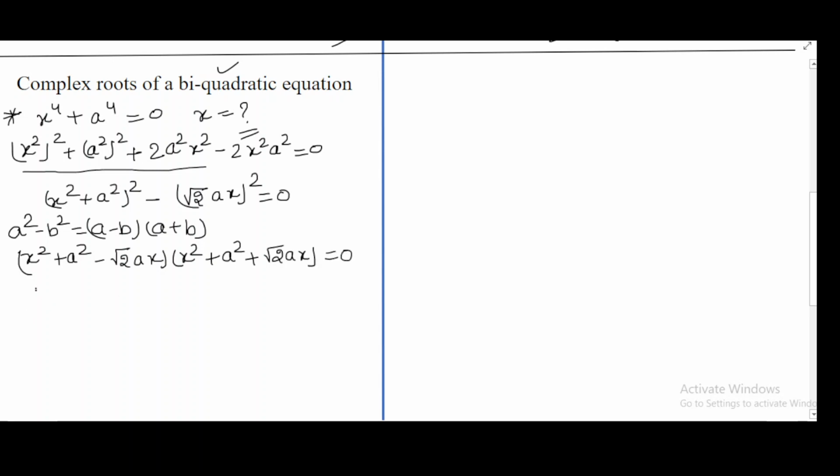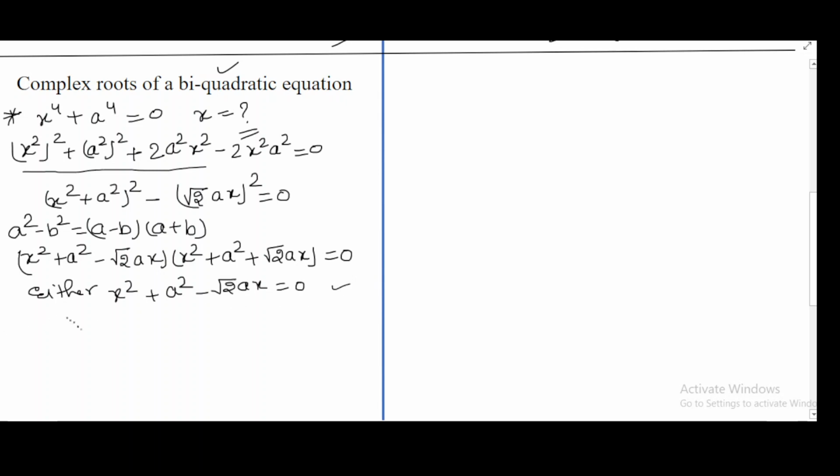So either x square plus a square minus root 2 ax will be equal to 0, or the other one will be equal to 0. Okay, so first we will take this case.